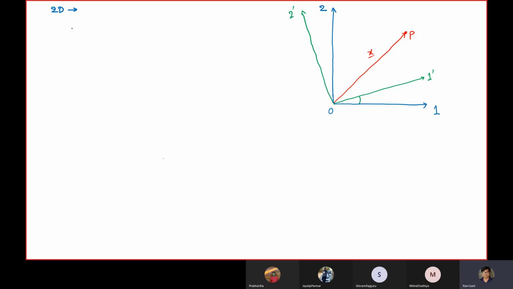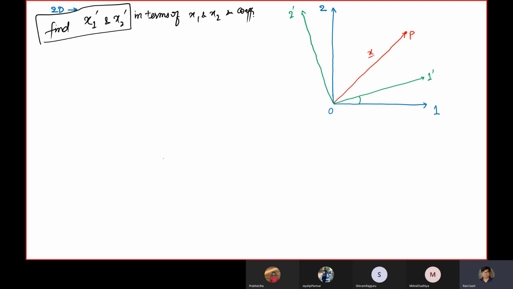Now my idea is to find x1' and x2' in terms of x1 and x2 and some coefficients, if at all there are any. x here is x1 a1 plus x2 a2.